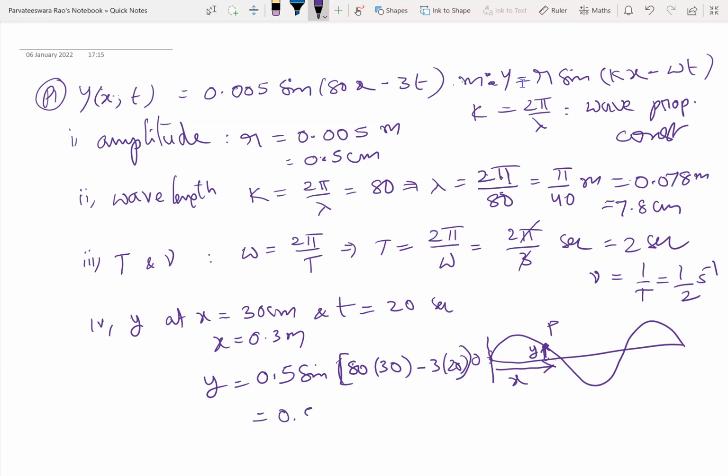So it is 0.5 sine (2400 minus 20 pi). Sir, how did we put 20, sir? T is equal to 20 seconds, he gave in the problem. So 20 into 3 is 60.